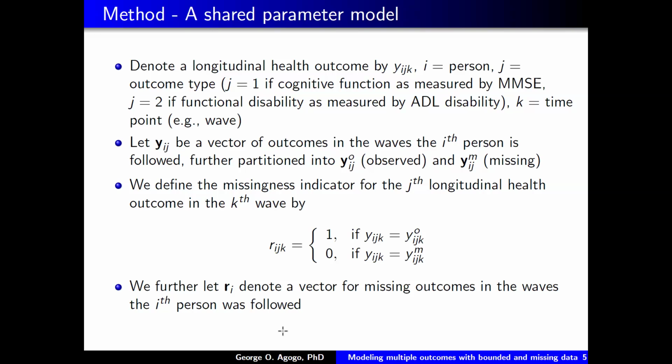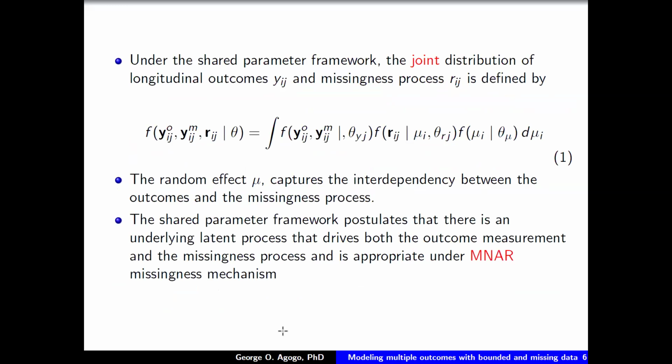Then we talk about joint modeling. Joint modeling means that I have more than one outcome, but I want to model them simultaneously, together.